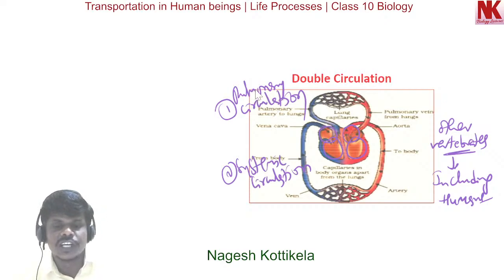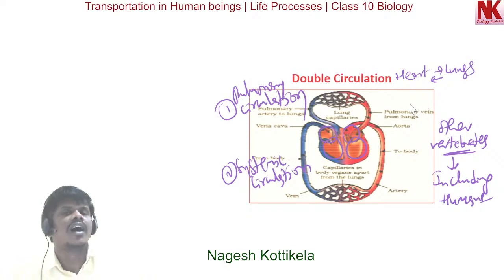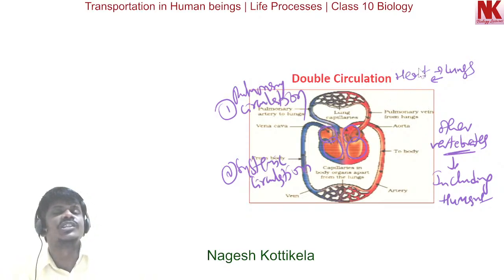You can see during pulmonary circulation, blood is passing from heart to lungs and from lungs to heart. From the heart, deoxygenated blood is carried to the lungs, and from the lungs, oxygenated blood is carried to the heart. This is what we call pulmonary circulation.